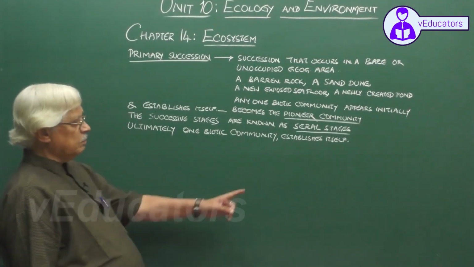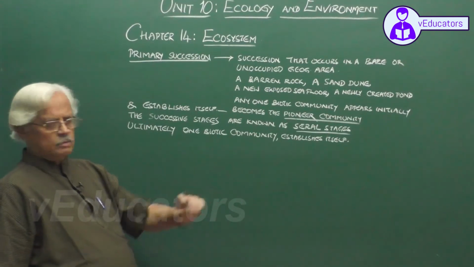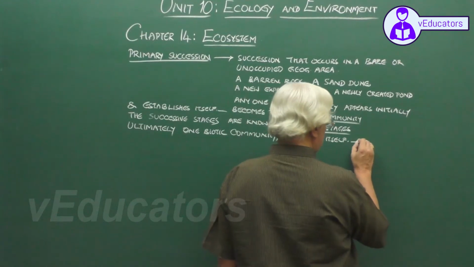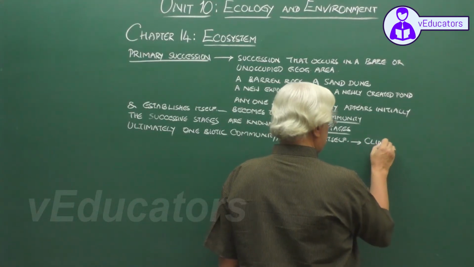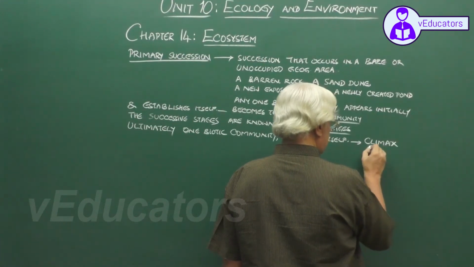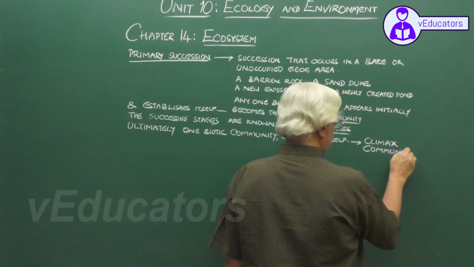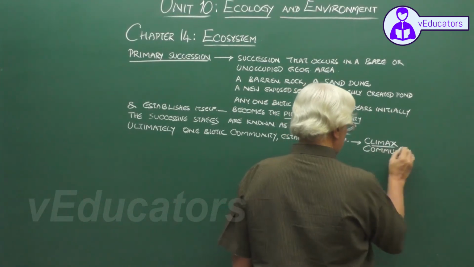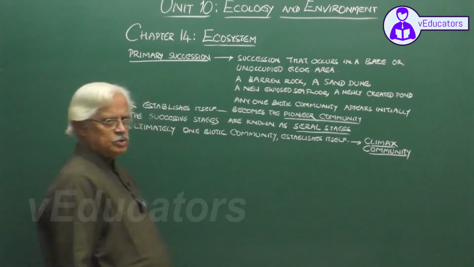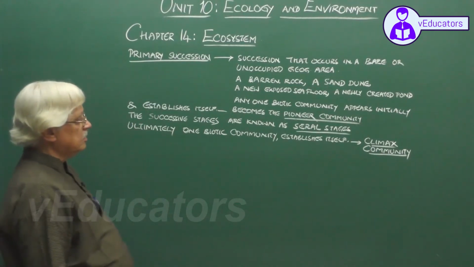Therefore, it will not allow another biotic community to establish itself. So, this becomes the climatic or climax community. So, this typical situation is called primary succession.